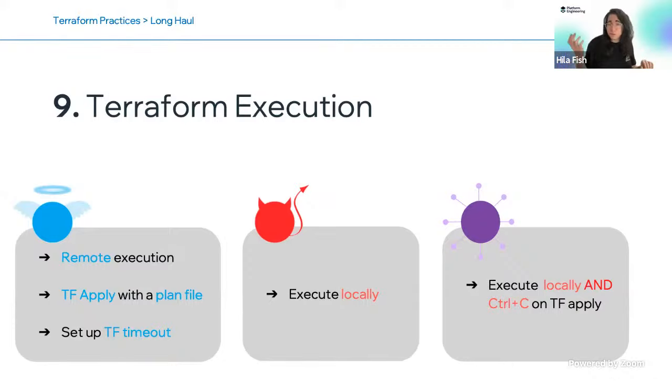I don't know if it was fixed by now or not, but trust me, I don't want to find out. So just try to avoid that, especially if you don't have Terraform state file versioning, because if the state file gets messed up, it's very hard to recover from that.